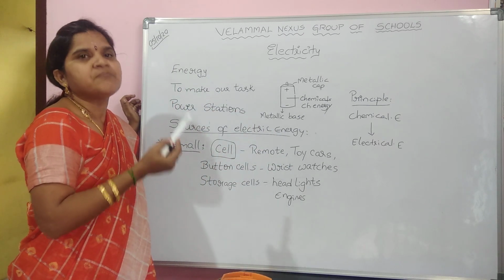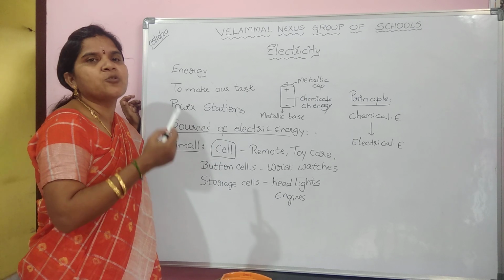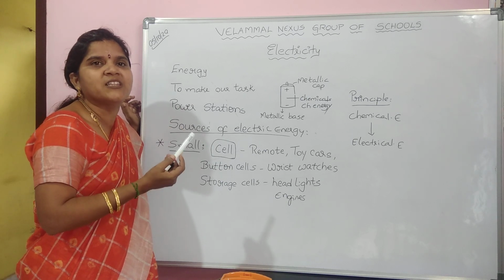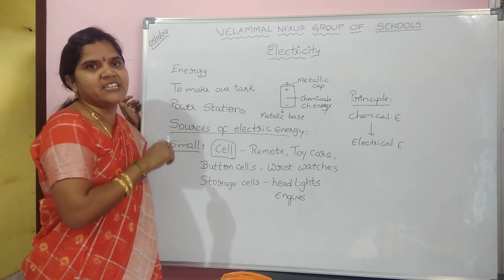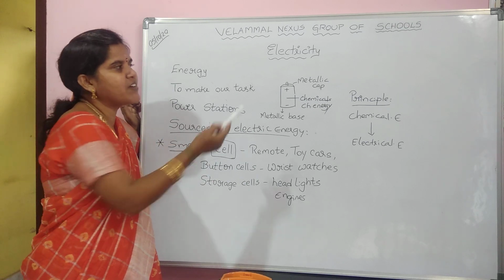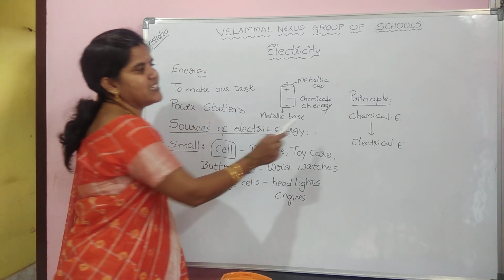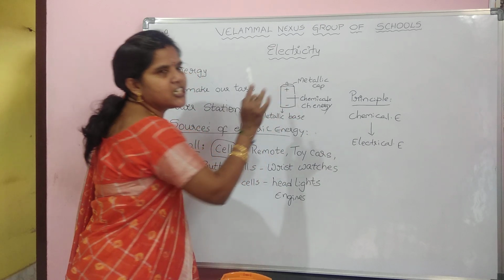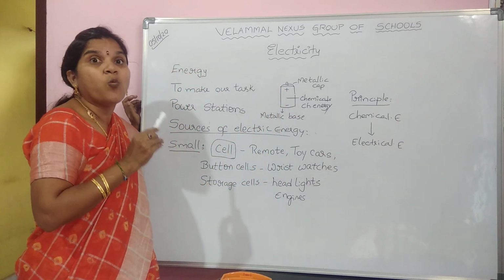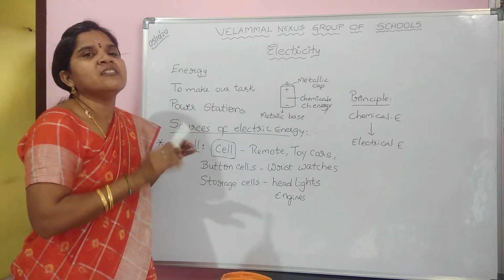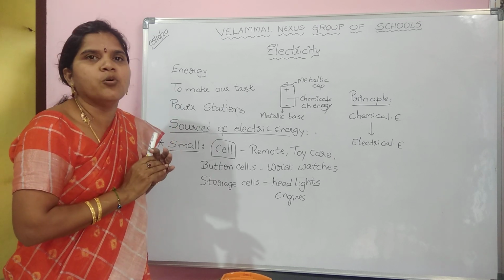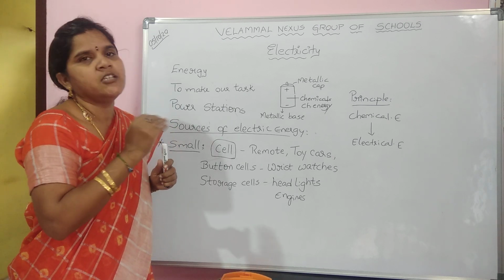In this way, we use the cells so that electrical energy is used for the glowing of the bulb in the torchlight. Once the chemicals are used up, this cell we cannot use anymore. We have to go for purchasing of a new cell.